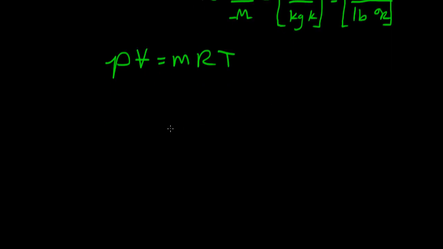We can substitute the specific volume to arrive at a final form of the ideal gas equation of state. Divide each side by the mass.